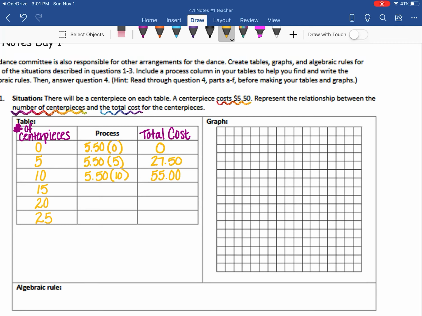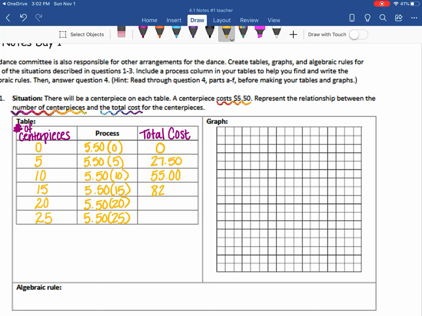And I'm just going to continue this process. $5.50 times 15, $5.50 times 20, and $5.50 times 25. Okay, and I'm just going to use my calculator to get all of those.